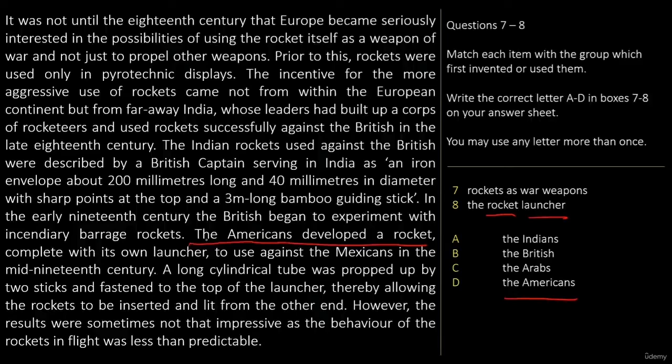Otherwise, they can talk about America a lot, and then in the next sentence they could say that they were the first ones to use launchers for the rockets they were using. They can do such things, and you will be like, oh, they have not mentioned anything about people or any country. That's not how it's supposed to be.